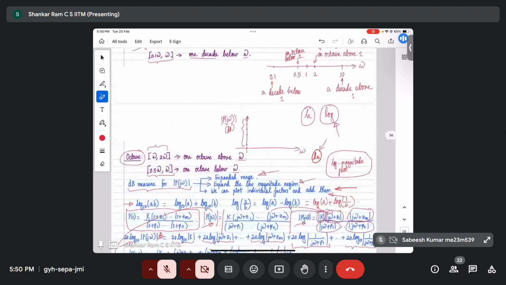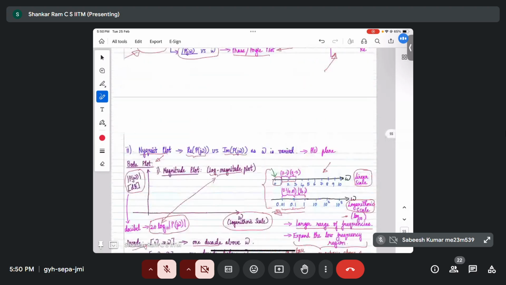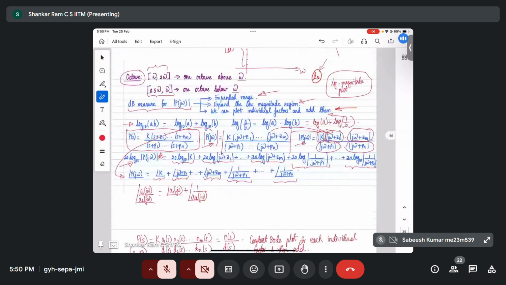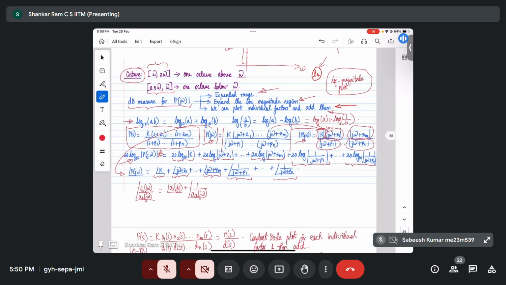So in general, P of s is like this, right? K times (s plus z1) all the way till (s plus zm), divided by (s plus p1) all the way till (s plus pn). That is the general structure, is it not, Roshan? Now, even if you take your example of a third order polynomial, you can always factorize it into first order and second order polynomials.